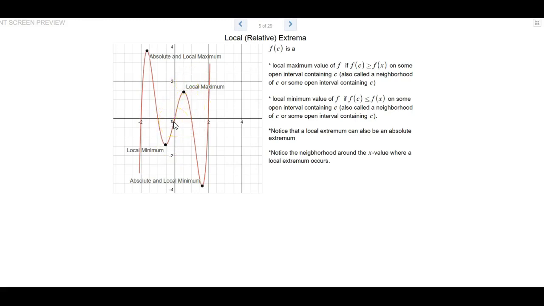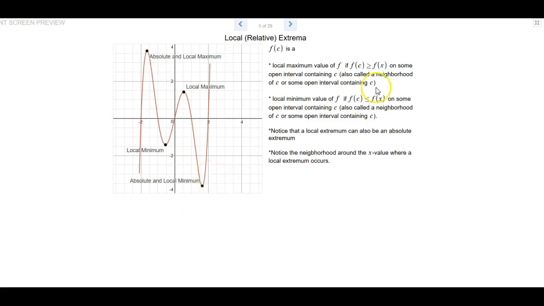If you think about it, the y values to the left of this maximum are smaller than the maximum value here, and the y values to the right of it are smaller, and we'll see more about that in a minute. Note also that a local maximum can be an absolute maximum as well, just like a local min can be an absolute minimum. So these points were the absolute max and mins that we saw on the previous slide, but they're also considered local.